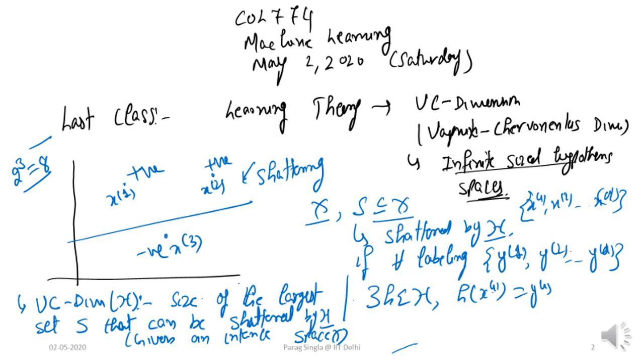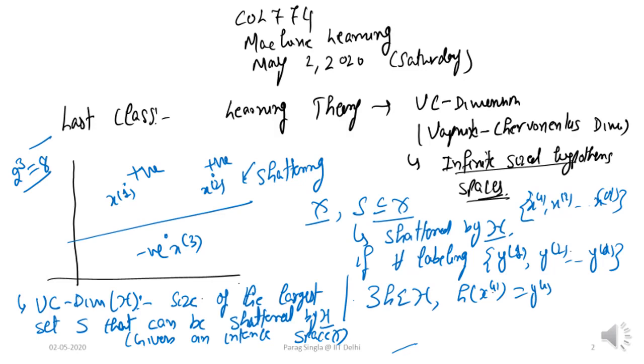We did not have a way to develop PAC learning theory for them, and therefore we said we will develop this theory of VC dimension, which will help us give PAC learning bounds for infinite hypothesis classes, and many interesting cases fall in there.